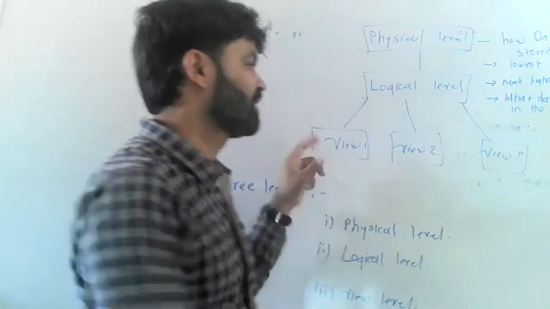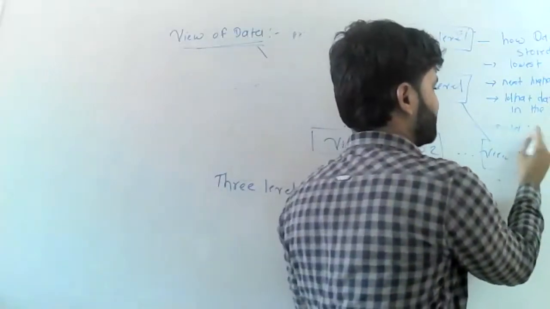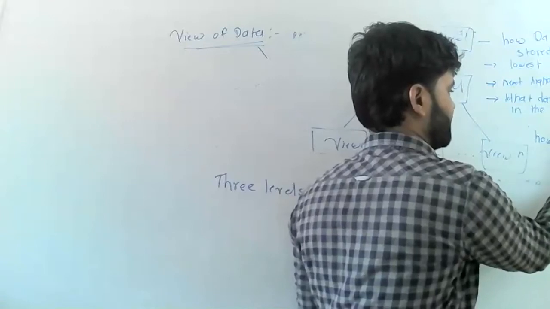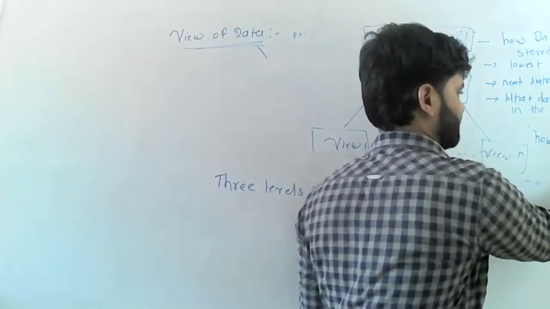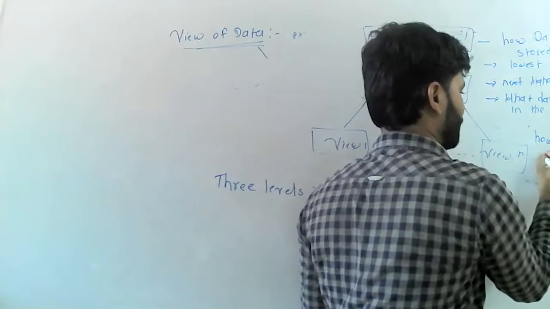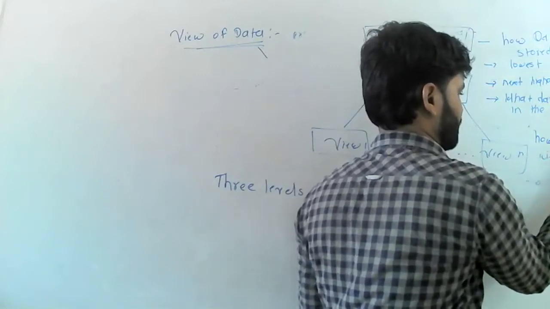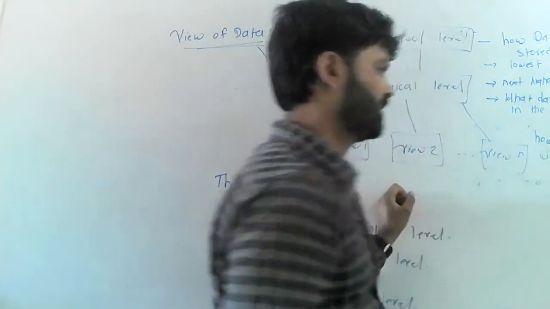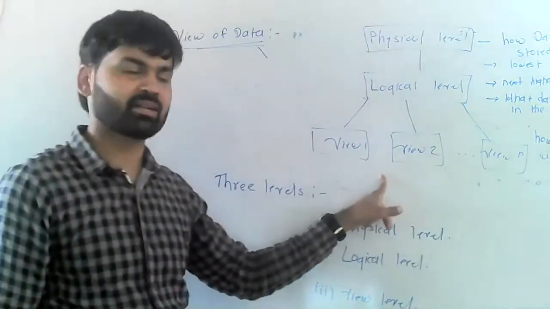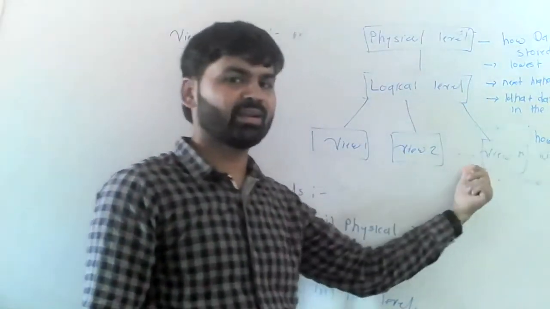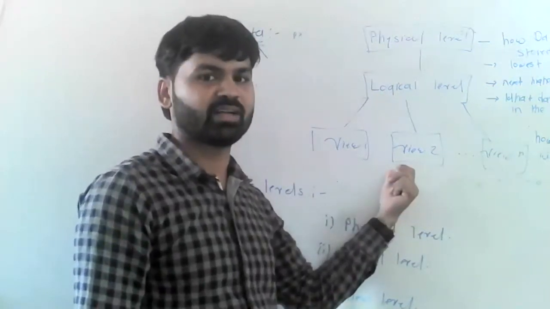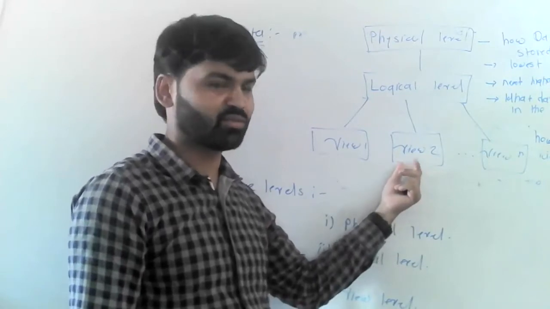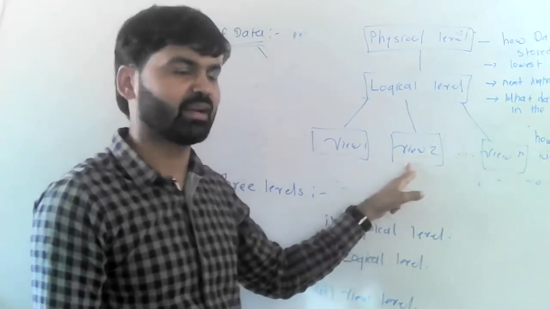Then the view level. The view level describes how the end user interacts with the database, or how the end user uses the data.